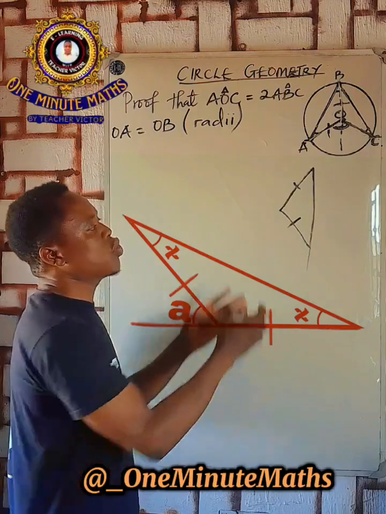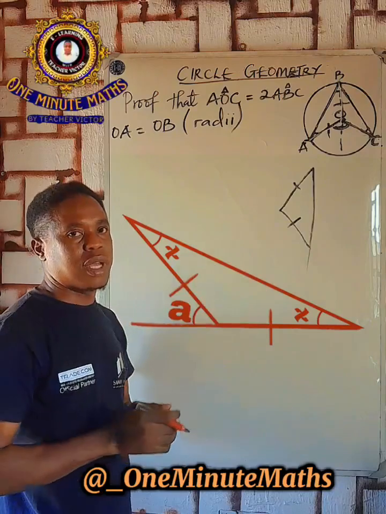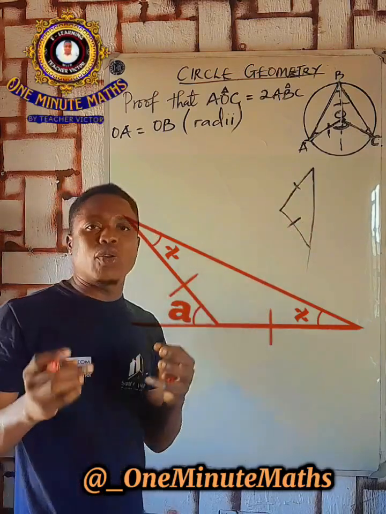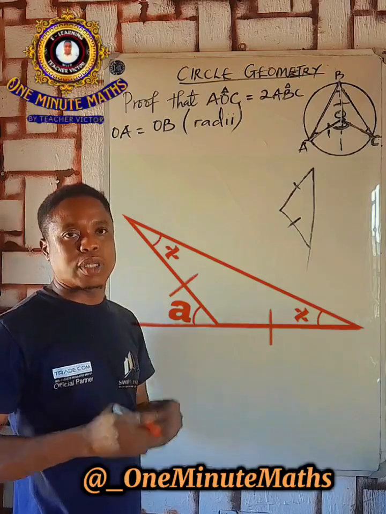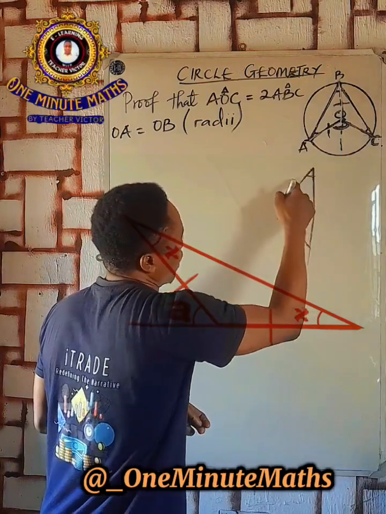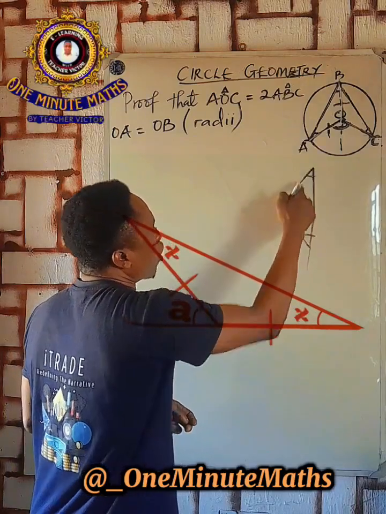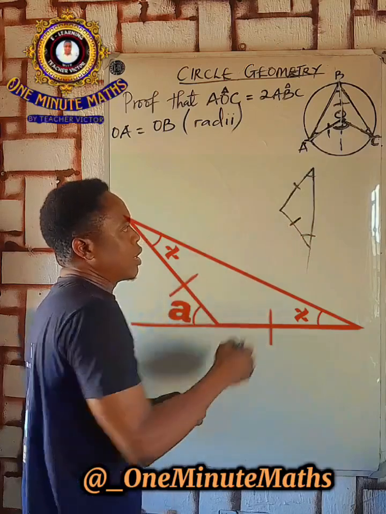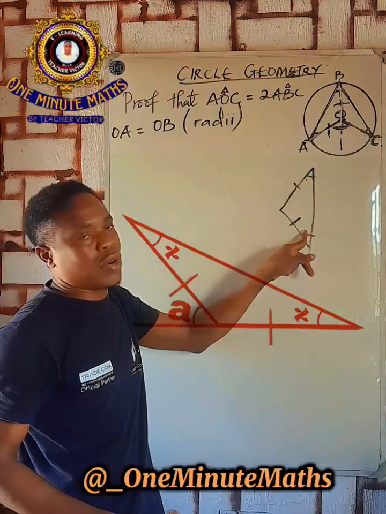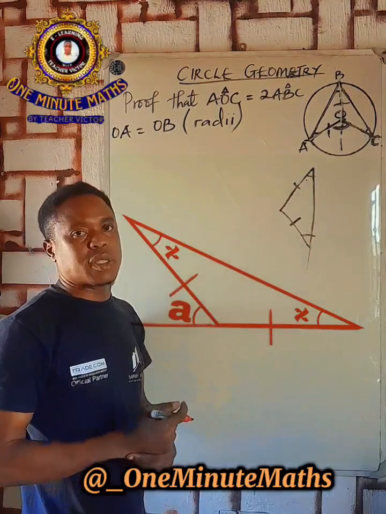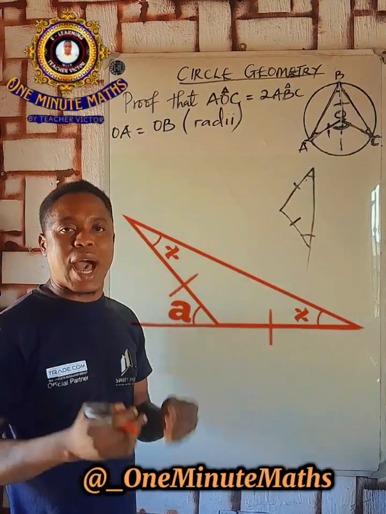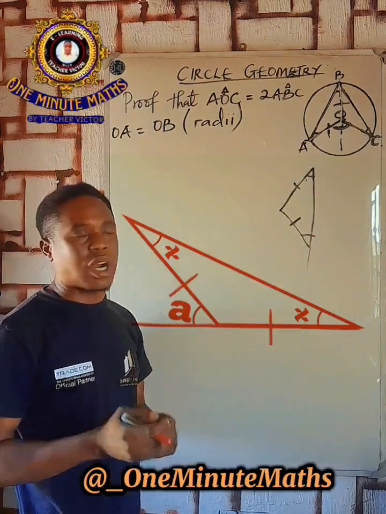And there is something unique about this isosceles triangle. It is that the two sides that are equal, the two angles facing them are also what? Equal. So if this is the side facing this angle, and this side is facing this angle, because these two sides are equal, these two angles are also what? Equal. It means that whatever this angle is, this angle will also be. These two angles are actually called base angles of isosceles triangles.